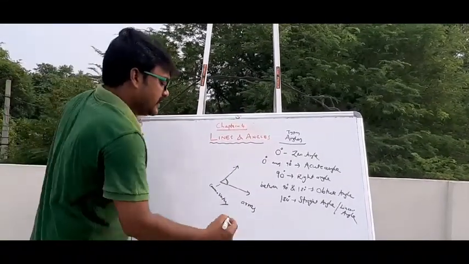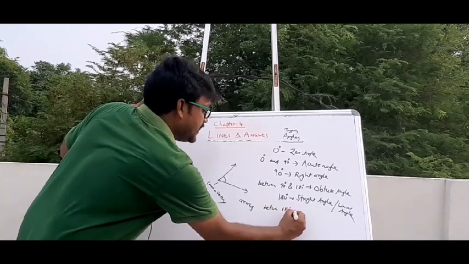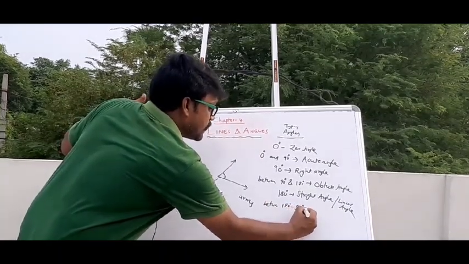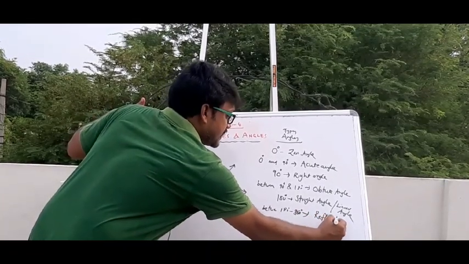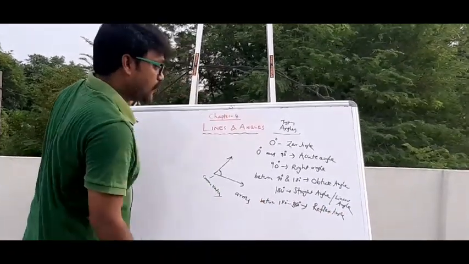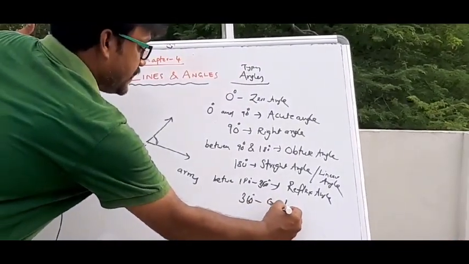From 180, between 180 and 360, what is the name given to it? Reflex angle. And what about 360 degrees? Indeed, it is complete angle.